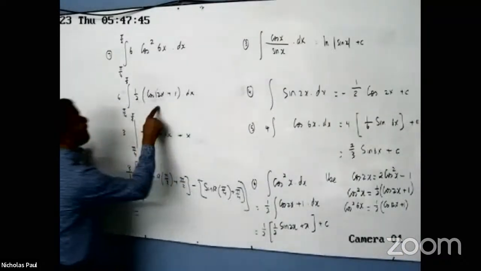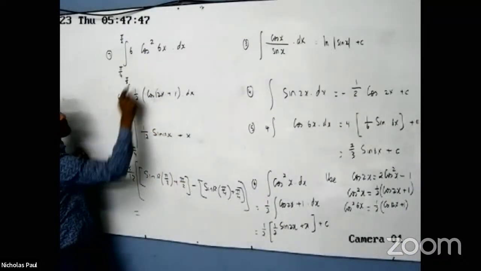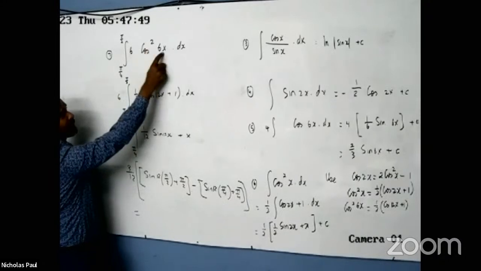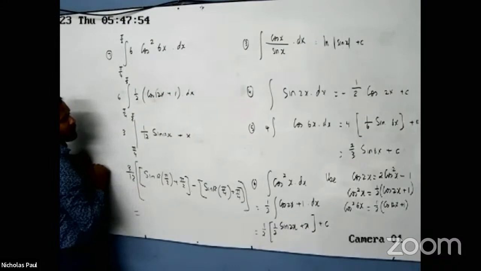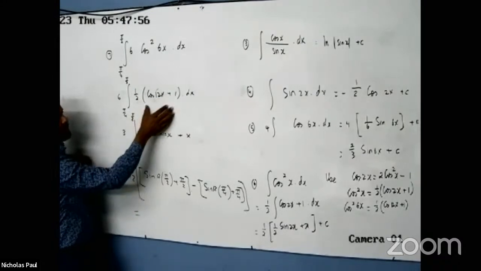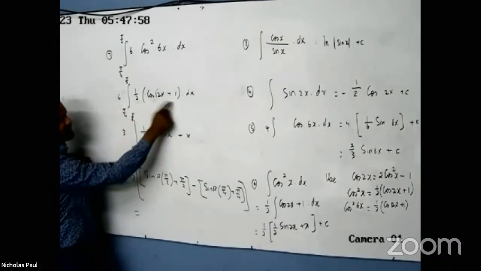So I did that here. I take out the 6 and I replace cos squared 6x with 1/2 cos 12x plus 1. And then I factor out the half, then I start to integrate.